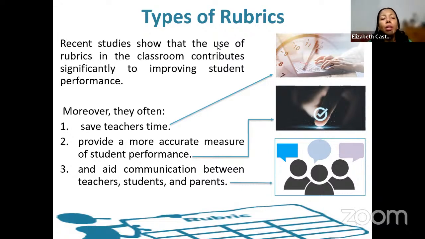Then we're going to see specific things that we will see in a rubric. For example, first, it saves our time. It provides more accurate measures of the student's performance. And it's a very good tool for communication between teachers, students, and parents. Why? Because first of all, it saves time because it reduces the questions from students about their assignments, and from parents.